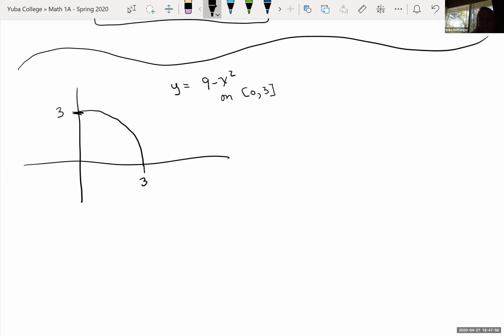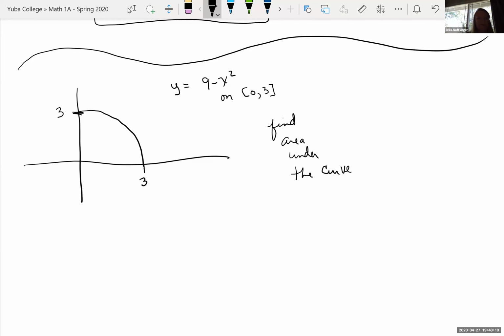We wanted to find the area under the curve. Well, you could probably do that because I noticed that that's just a quarter of a circle with a radius of 3, but you might not have noticed that.